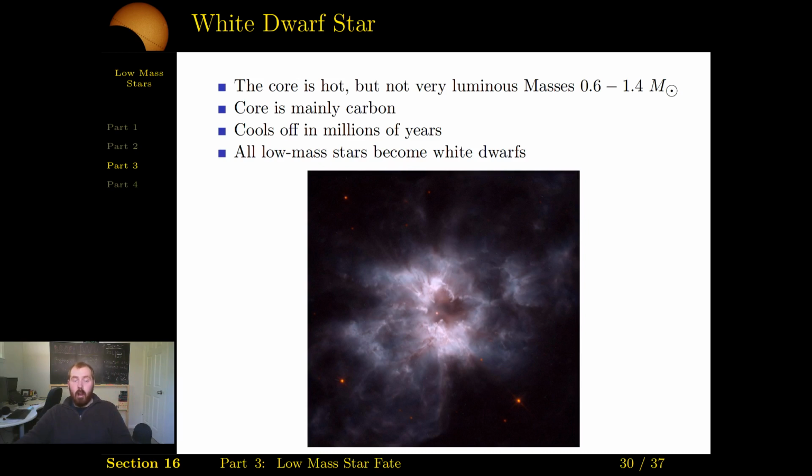And all of our low mass stars are going to become white dwarfs, with the exception of our binary stars. Those have another chain that compounds the complexity here. But for a lone low mass star, it's going to turn into a white dwarf and slowly cool off through the millennia to just a dim carbon nucleus.